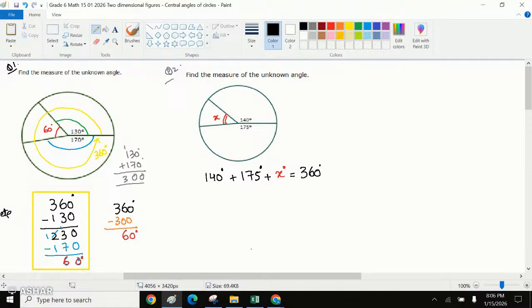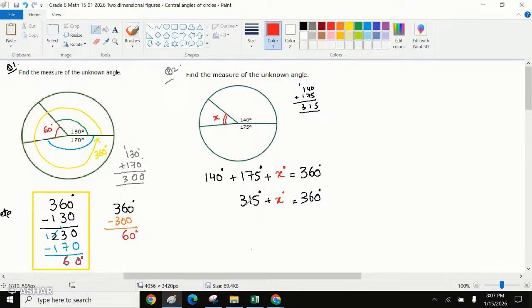So 140 plus 175, we can do over here. 140, 175, 5, 4 plus 7 is 11, 1 and 3, right? So we can say 315 plus x should be equal to 360, right?